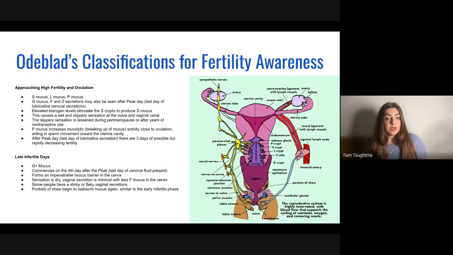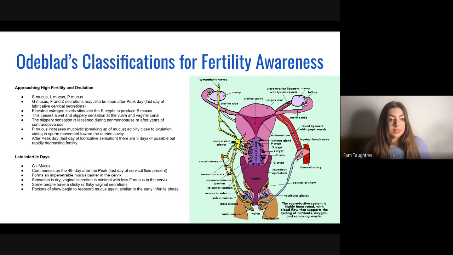Approaching high fertility and ovulation, Odeblad says that we have S mucus, L mucus, P mucus, and sometimes other types. There are some other types that they saw but weren't sure what they are. And that was the same for me in my studies here. There were many things that I don't know what I'm looking at, and they aren't classified types. So hopefully we'll learn more about that in the future.